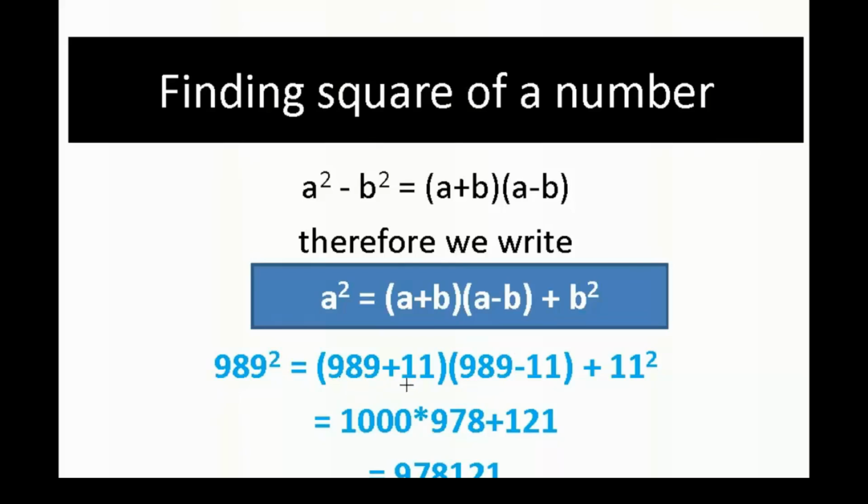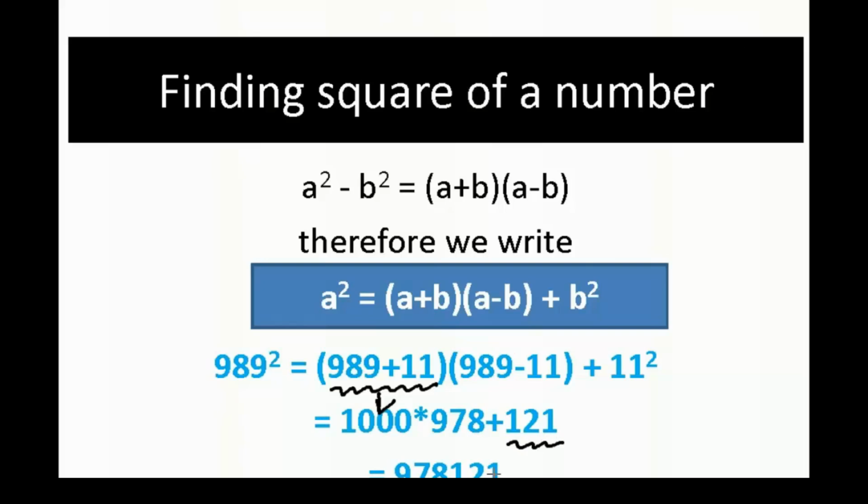So let's check out a bigger number also, in this case 989 square. In this case our base is 1000. So how much is 989 less than 1000? That is 11. So lessen it by 11. That gives me 978. And then put the square of the deficiency 11, that is 121.